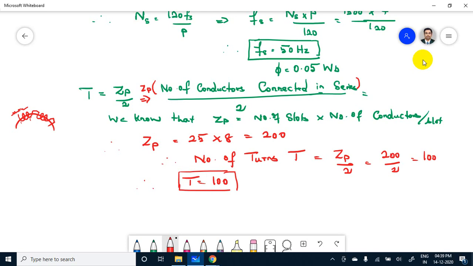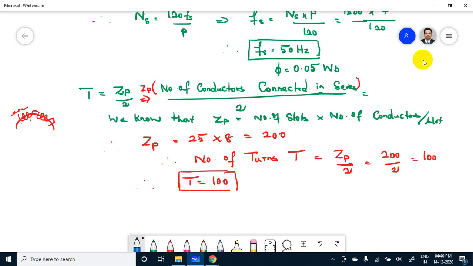In your problem they have not mentioned number of conductors per phase. The problem is direct substitution. So have you got it, Ashwanand? Have you got my point? Hello.